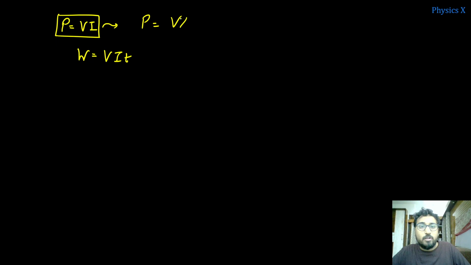We know that power is nothing but voltage into current, and work done is nothing but VIT. Let me first consider the units of this. Power is voltage into current, that means volts into amperes, so the power unit can be volt amperes also. And you know that power is nothing but work done upon time.